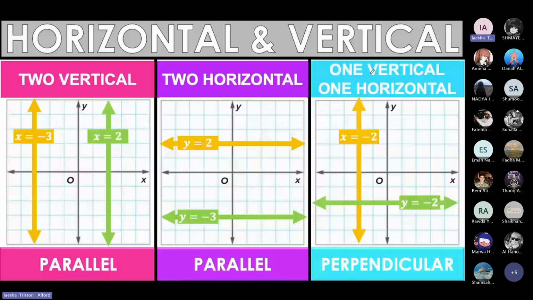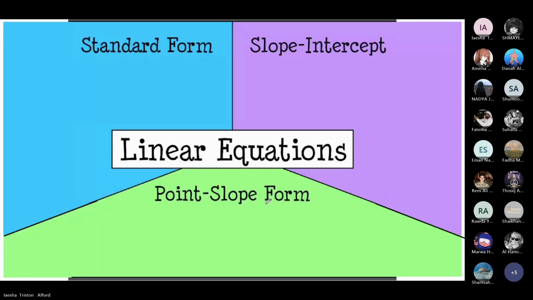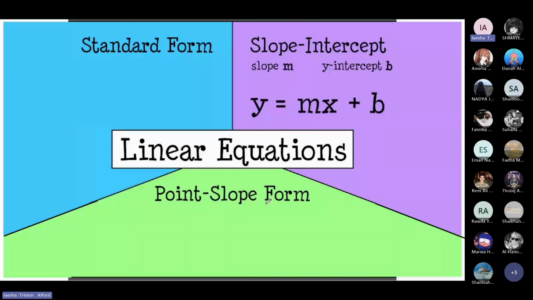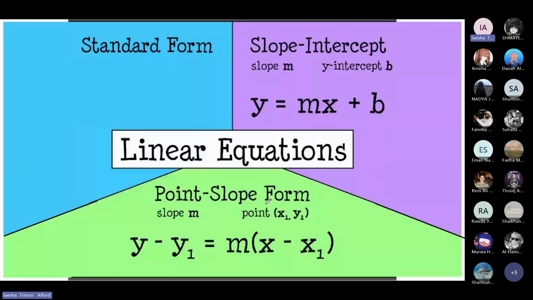Then you have 1 vertical, 1 horizontal: is 1 x equal, 1 y equal. All right, so know that for the exam. Also for this question, you need to remember slope-intercept form is y equal mx plus b. And point-slope form is y subtract y1 equal m multiply x subtract x1.